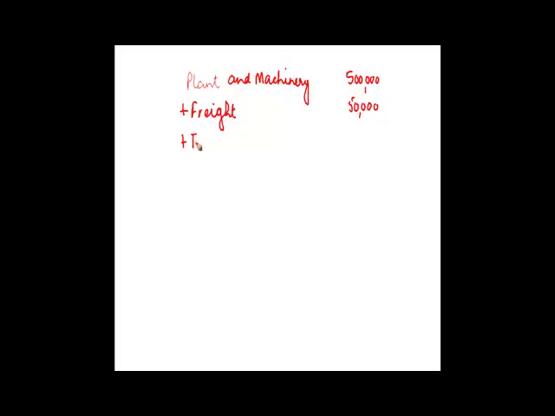Plus there was an insurance, transit insurance, let's say another 50,000. Plus let's say there was installation charges, let's say 1 lakh. So what is the total amount I have spent to get this machinery? It's the sum total of all these four numbers, which is 7 lakh. So this is my actual cost of asset.